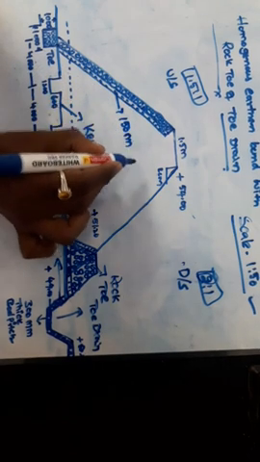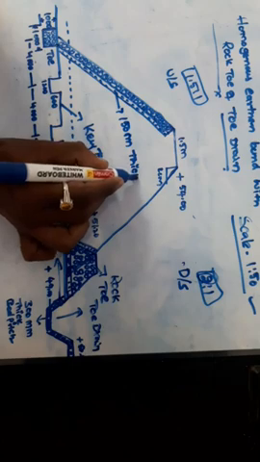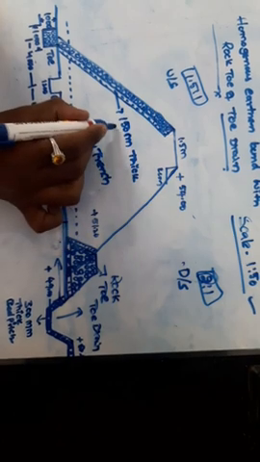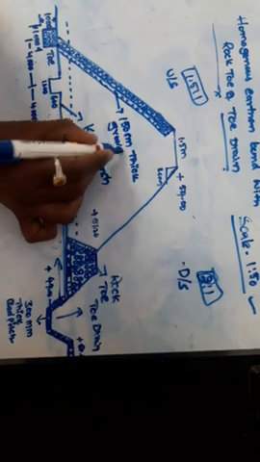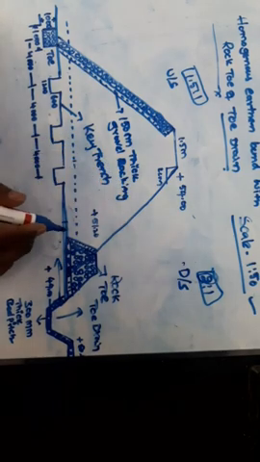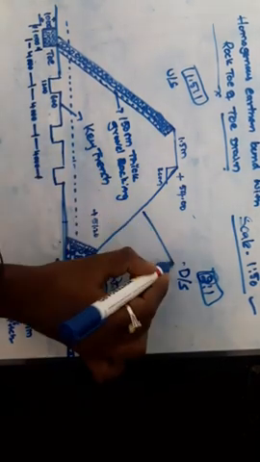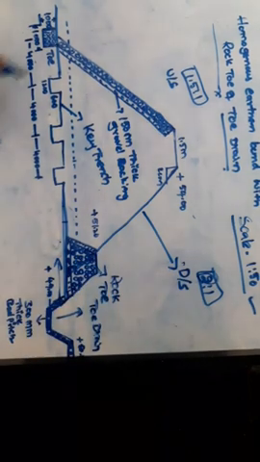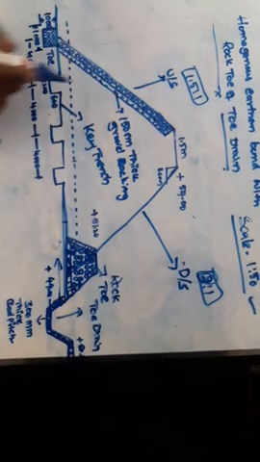150 mm thick gravel backing. This is the downstream side slope, this is the upstream side of the side slope.